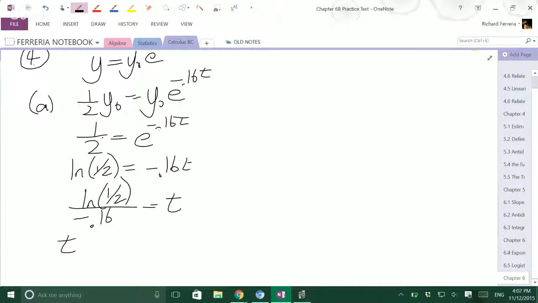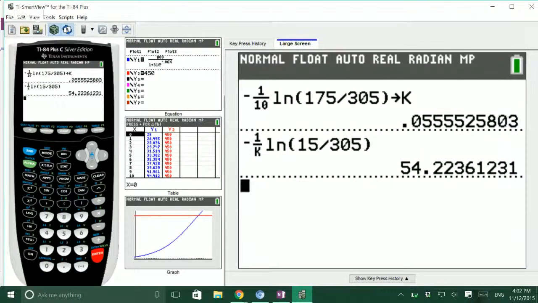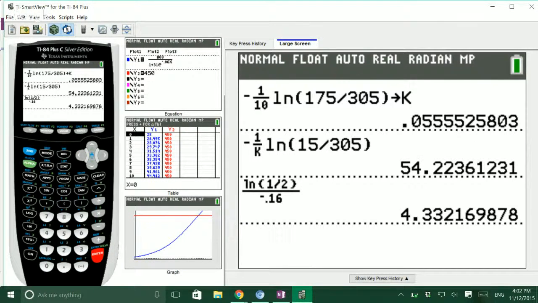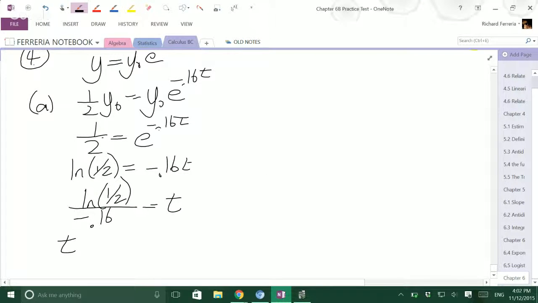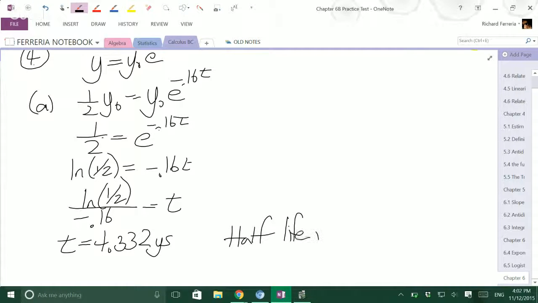So just calculator that. Yeah, 4.332 years. So half-life is 4.332 years.